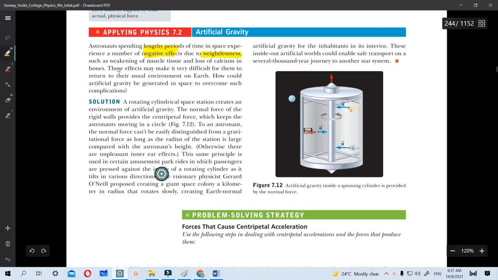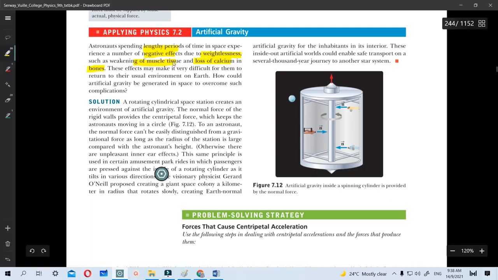But it turns out that the body is so brilliant that it detects there is no need for calcium, and hence there will be loss of calcium in the bone. So the bone deteriorates and the muscle tissue weakens. You're not moving around, you're not feeling the gravitational force, and hence the body simply gets less effective.